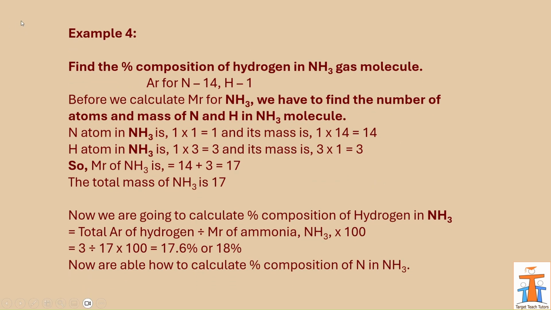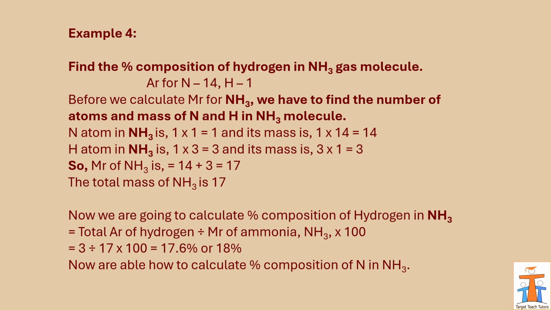Example 4. Find the percentage composition of hydrogen in ammonia gas molecule. Relative atomic mass for nitrogen is 14, hydrogen is 1. Before we calculate relative formula mass for NH3, we have to find the number of atoms and mass of nitrogen and hydrogen in NH3 molecule.